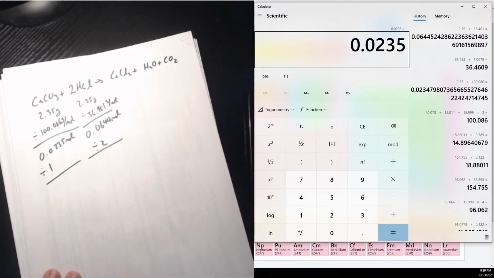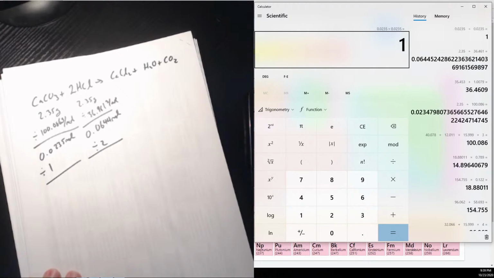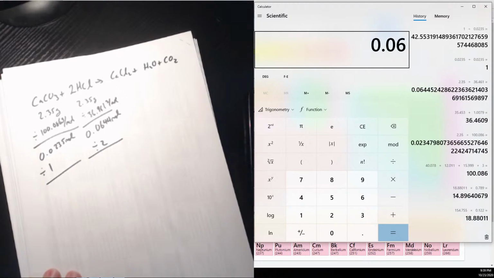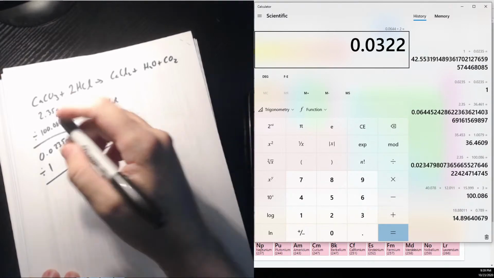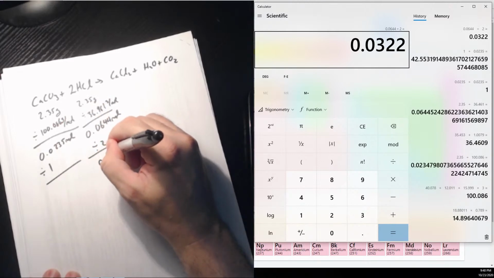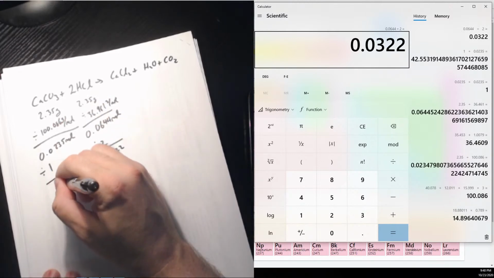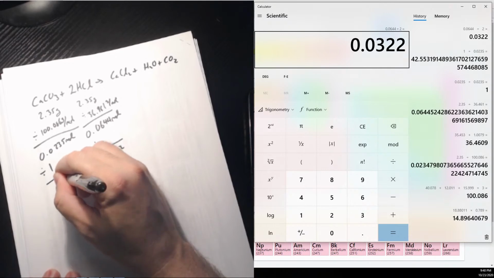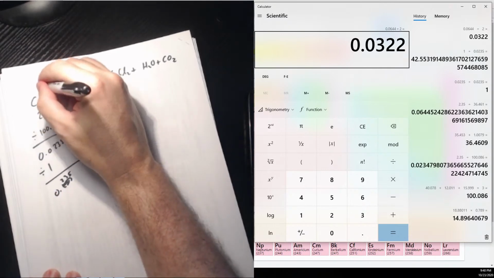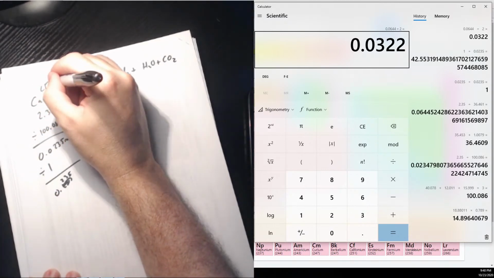Well, okay, I don't need to worry about that. 0.0644 divided by 2 is 0.0322, versus 0.0235. This is our limiting reactant.